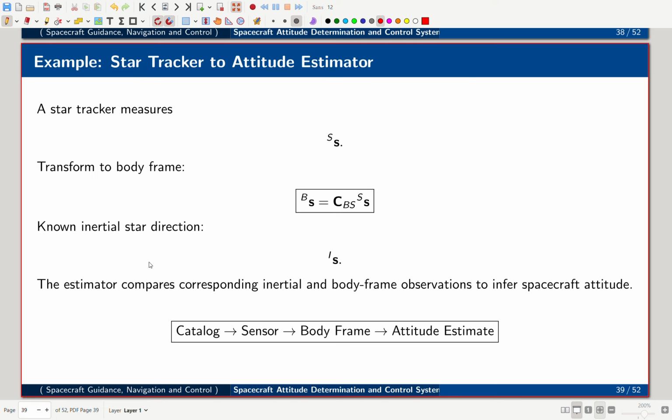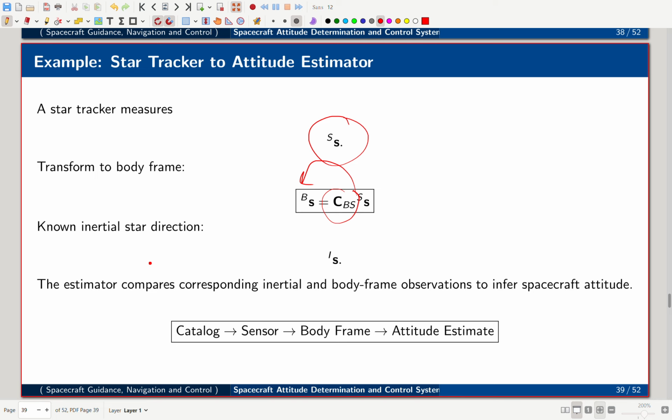So, for example, the star tracker to attitude estimator. The star tracker measurement is transformed to the body frame. This is the sensor frame, meaning the star tracker's own frame. So we transform to the body frame by multiplying by the direction cosine matrix, with a known inertial star direction.